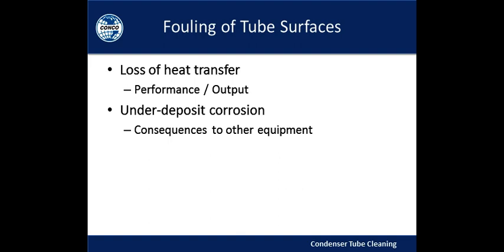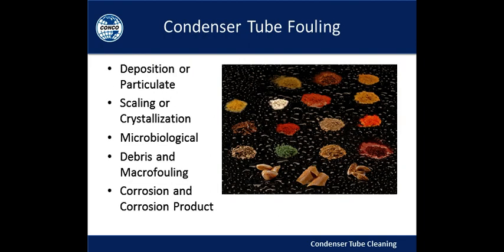So now you have a machine running in the basement that typically is well maintained. However, you have a penetration or a failure, and now the consequence is damage to the other equipment. So I want you to keep that in mind when we talk about return on investment and the economic impact of condenser cleaning.